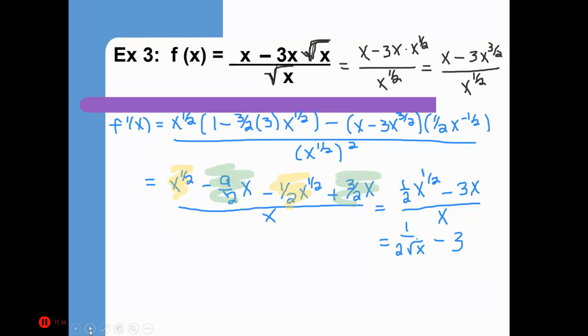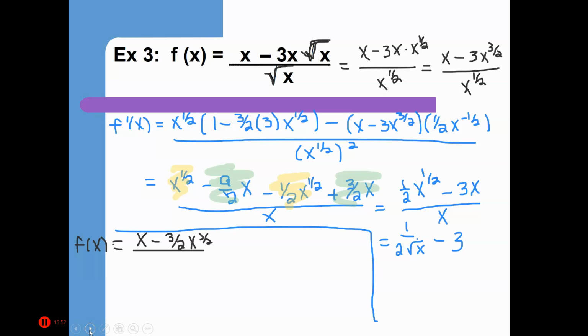So if you go back to the original f of x, what could I have done algebraically with the original f of x to get rid of the quotient rule?